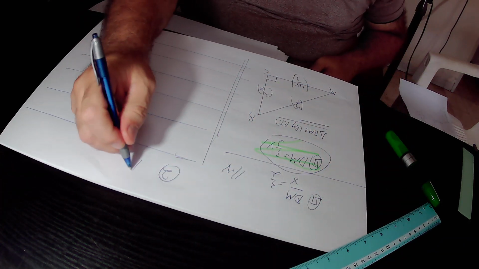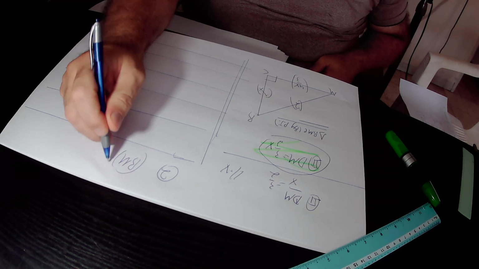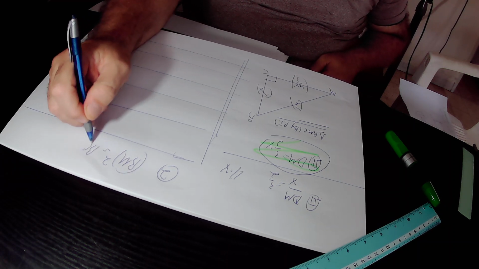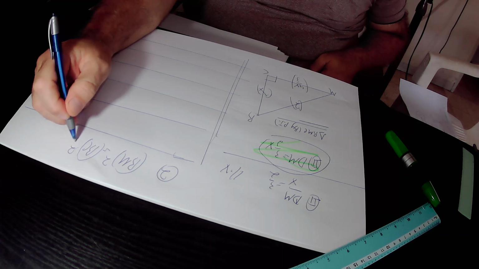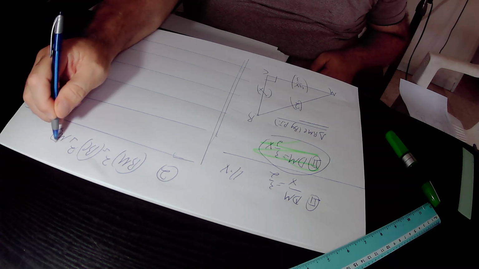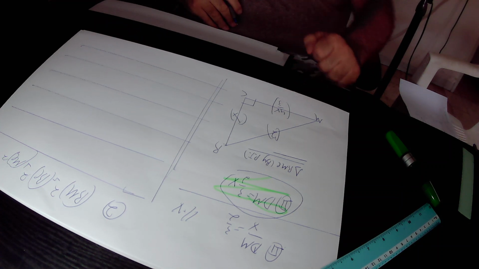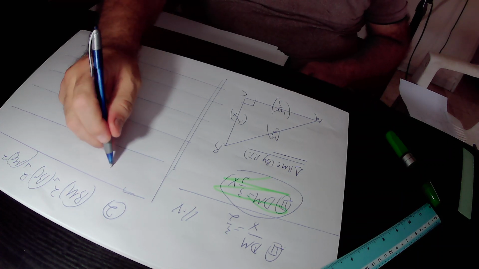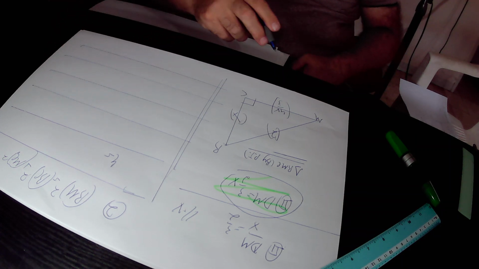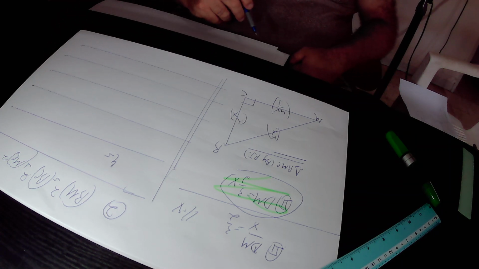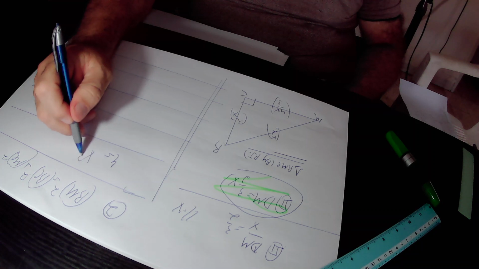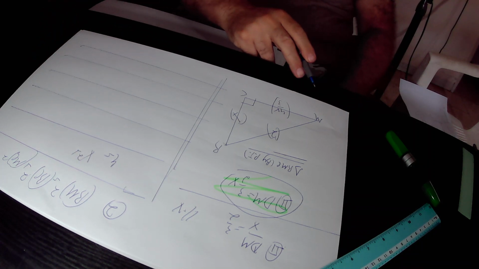So BM squared, that is the square of the hypotenuse, is equal to BC squared plus MC squared. BM is 2, therefore BM squared is 2 squared, that is 4, and it is equal to BC squared. BC is x, therefore BC squared is x squared plus MC squared.